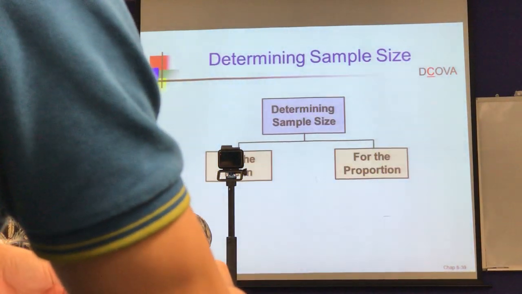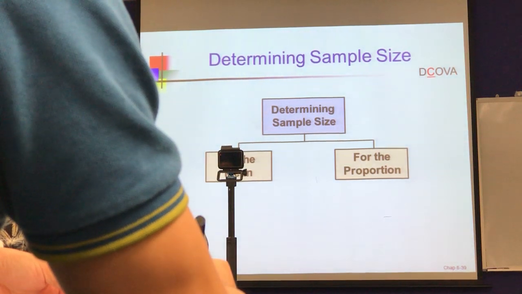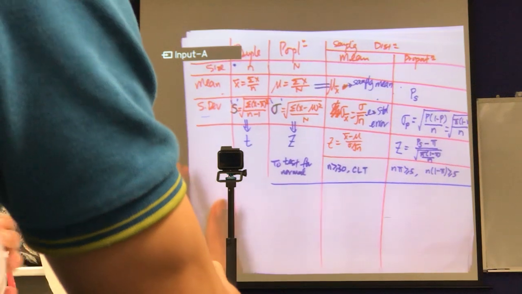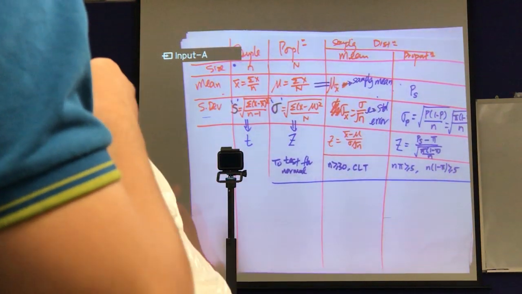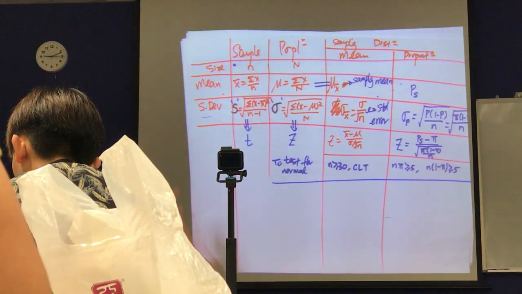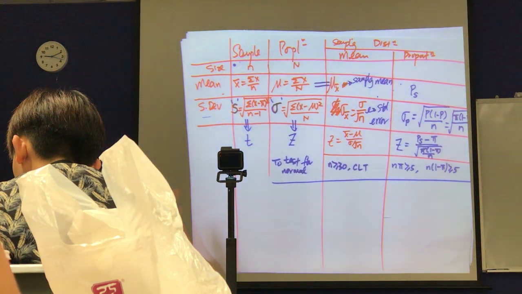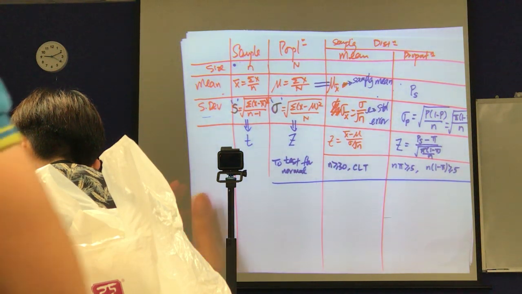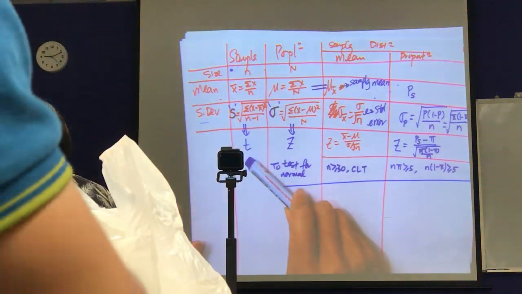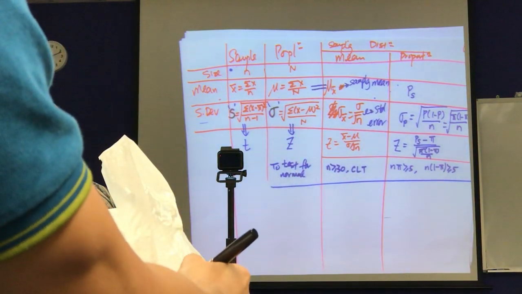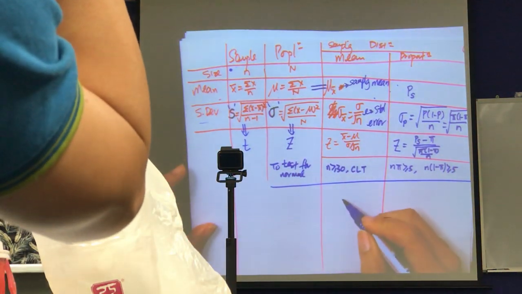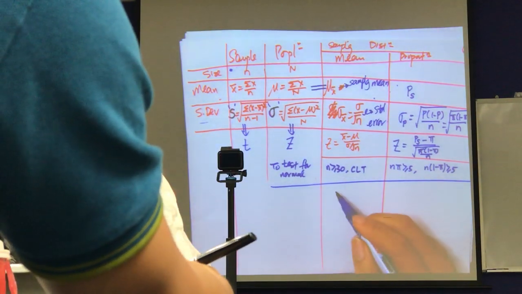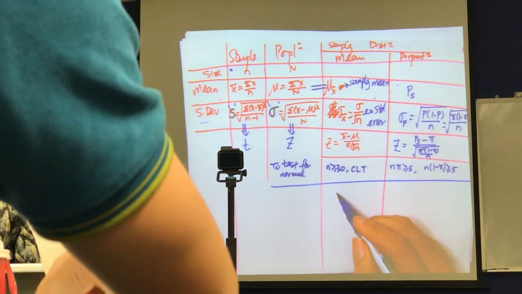Now before we move on to sample size, let's again do a bit of a recap. And this recap should be quite interesting. We have a lot to add on. So this is T, this is Z. What happens if it is a Z, sigma known and sigma unknown?